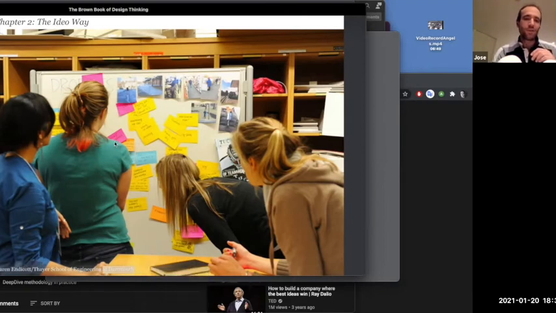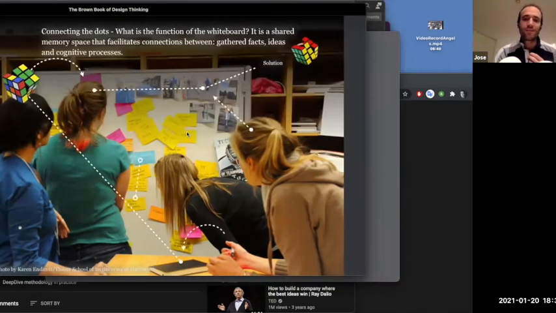This is all the information on the board that they gathered after the brainstorming. The post-its represent ideas they had during the brainstorming, or information they gathered. The photos are information about the problem they need to solve. They put everything on the board, and now they're trying to connect ideas.